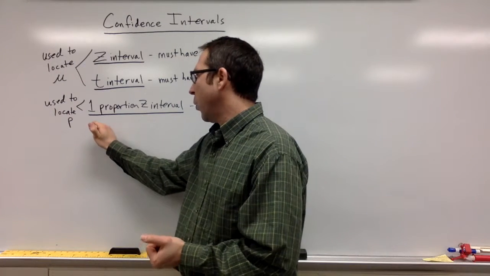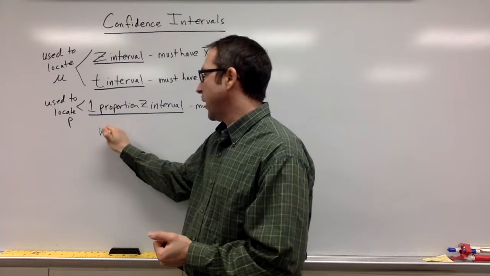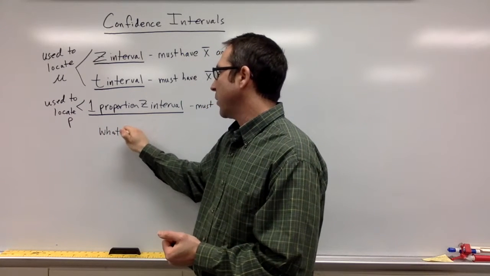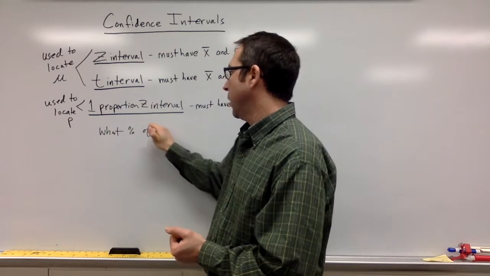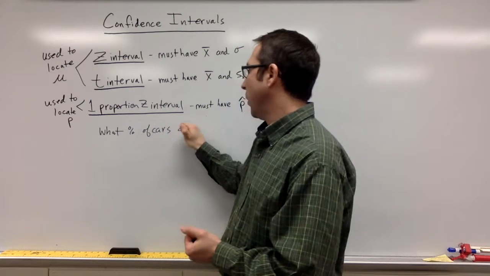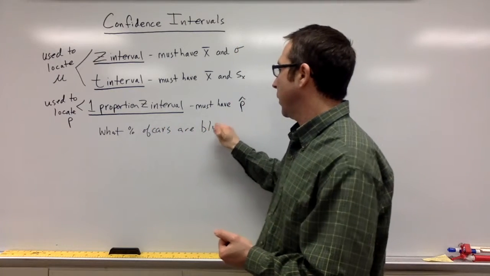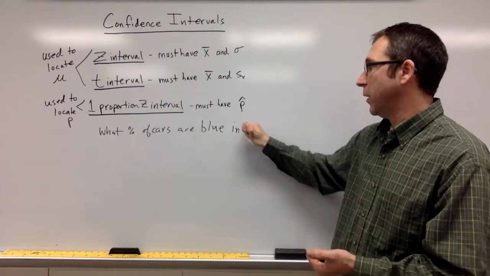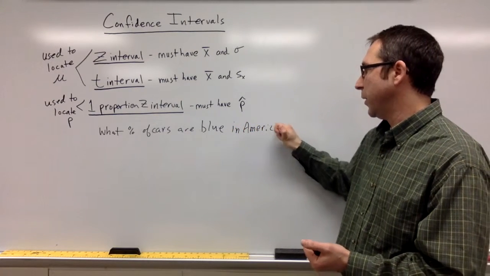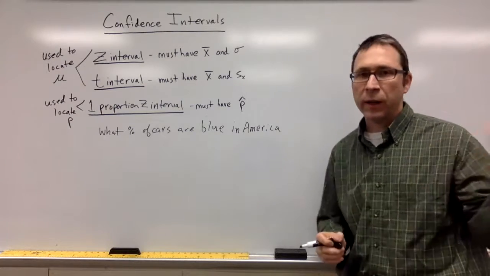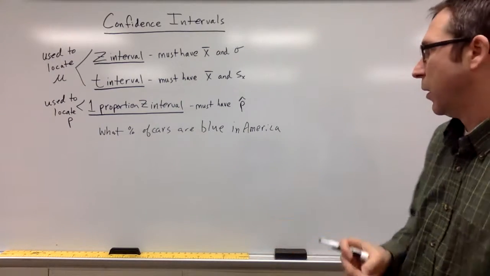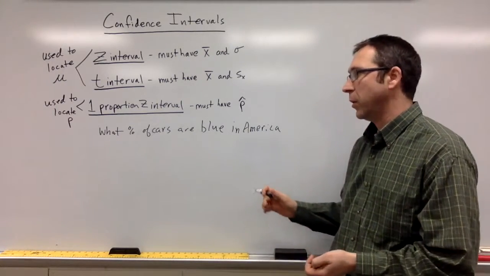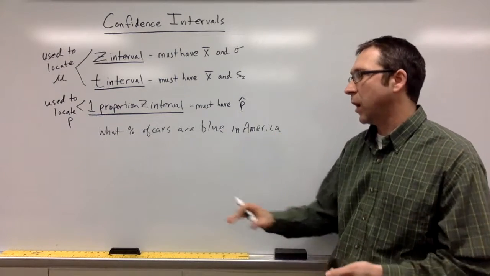So maybe I want to know what percentage of cars are the color blue. In America, not just my neighborhood, not just the parking lot over here, just in America, what percentage of cars are actually blue?